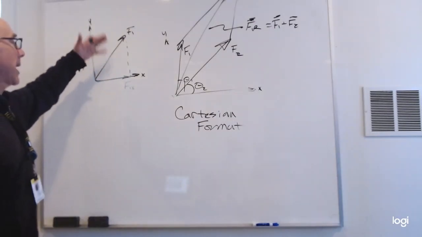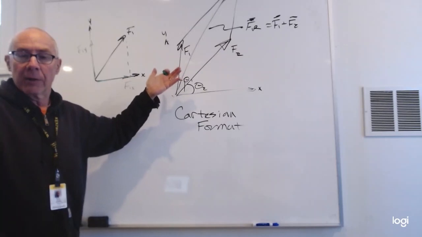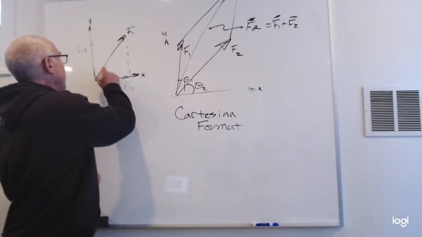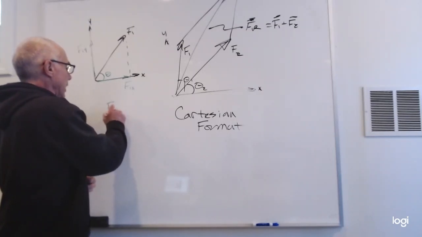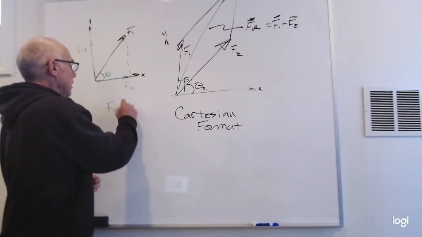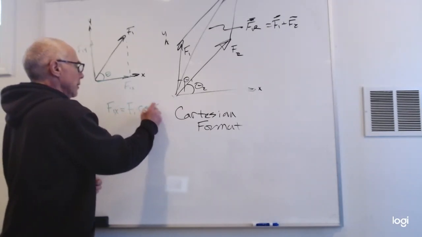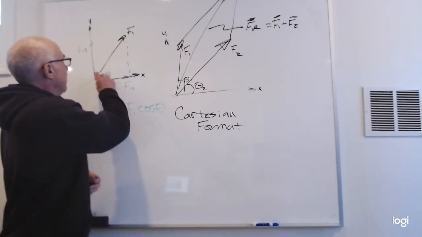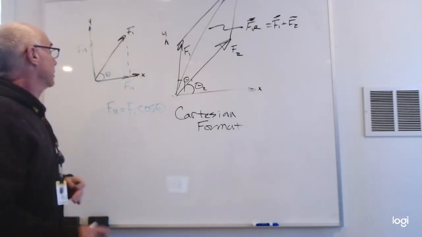The magnitude of those is easy to find, applying basic trigonometric relationships. If this is theta, then F1x equals F1 times cosine theta, where F1 is the magnitude and theta is the angle between our vector and the x-axis.